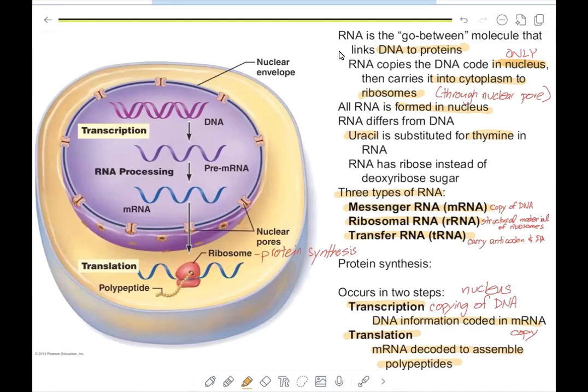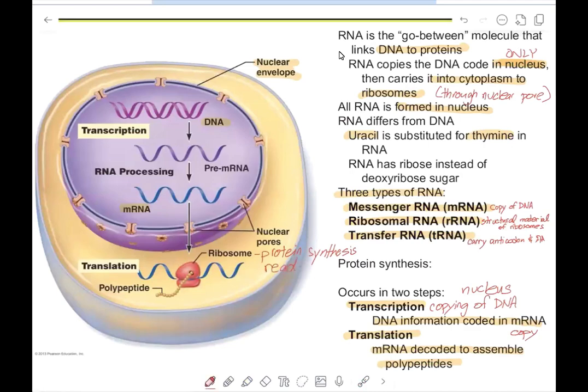So what happens is we can see the nuclear envelope around the nucleus. The DNA is copied into mRNA. The mRNA then is going to exit through the nuclear pore, and it's going to travel to a ribosome. The ribosome acts like a reader.